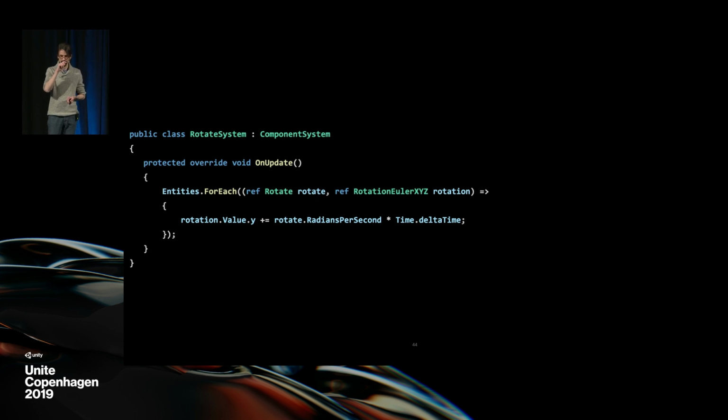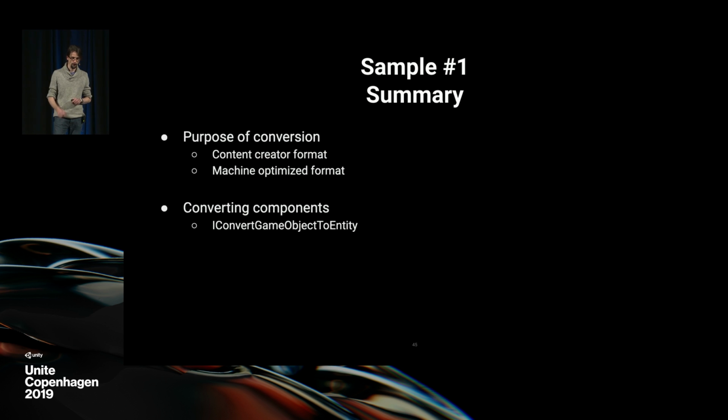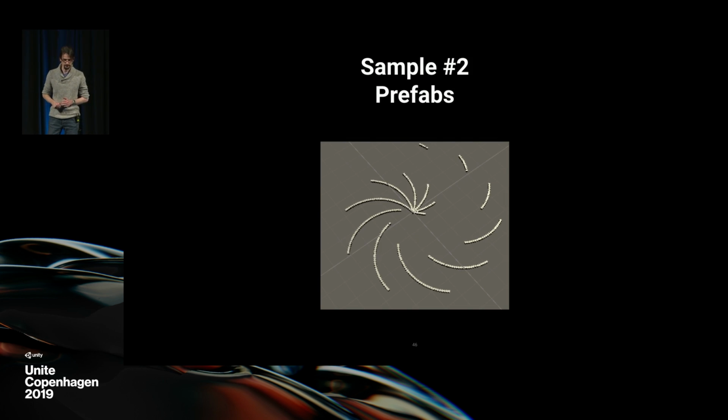It just looks for everything that has a rotate component, everything that also has that set of Euler angles, and it increments the rotation. So the first sample was just about introducing the purpose of conversion. You can go from one format to the other, and it's not only about going from GameObject to entities. And also to introduce the IConvertGameObjectToEntity, which is the simplest way you can customize that conversion system.